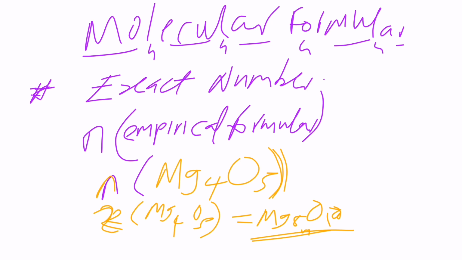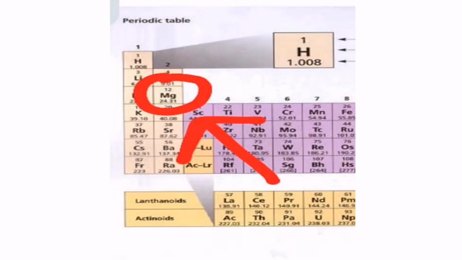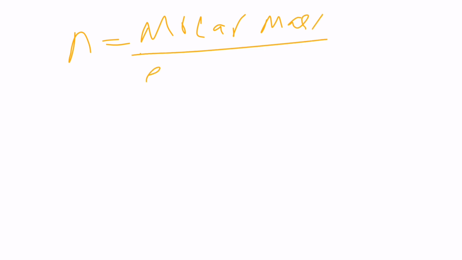Now the question is, how do we calculate n? N is simple, because the formula for n is equal to the molar mass over the empirical mass.